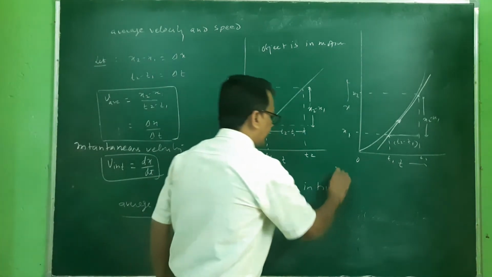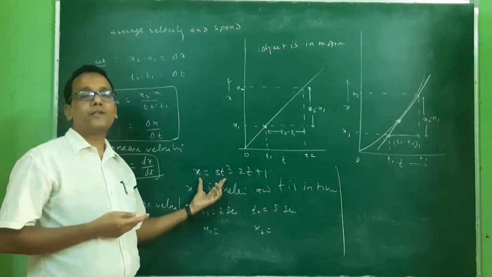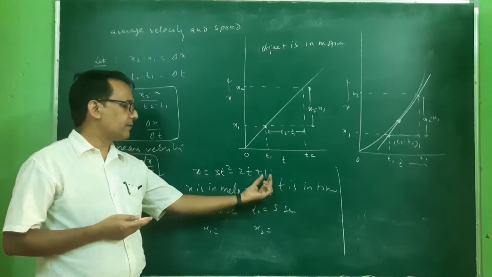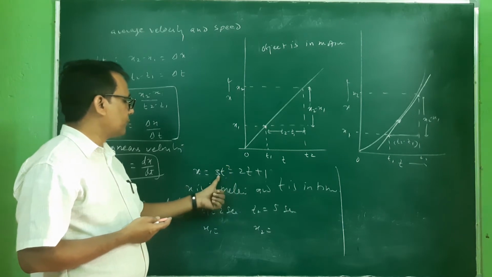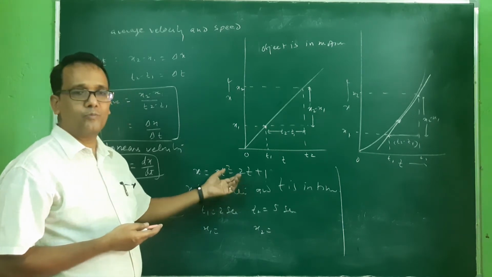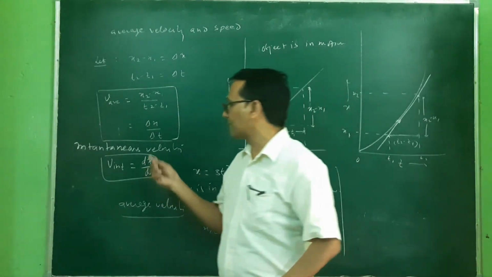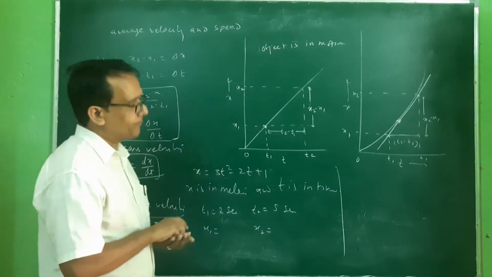Whereas in order to calculate the instantaneous velocity, we have to differentiate this. After differentiating, this term will be omitted because it is a constant. So this will be 3 multiplied by 2, 6t minus 2. So for a particular time, t is equal to 4 seconds, t is equal to 7 seconds, we can calculate that velocity, and that will be the instantaneous velocity.